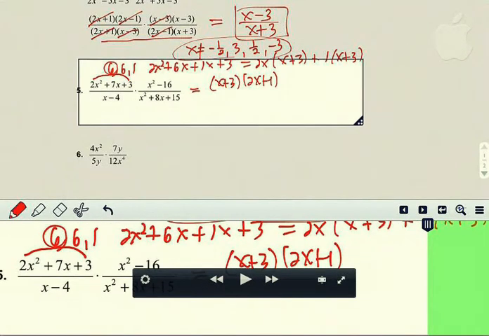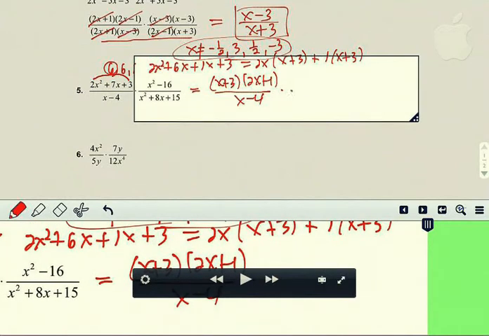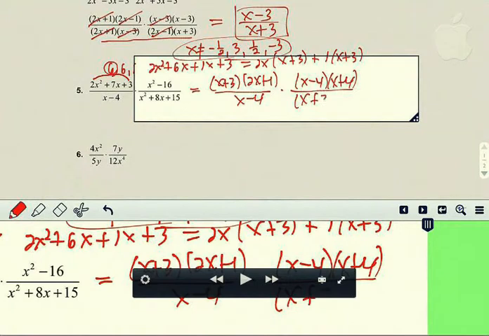That's the top of the first fraction. The bottom is x minus 4. Now the top of the second one is the difference of two squares. And the bottom of the second is just x plus 3 times x plus 5.